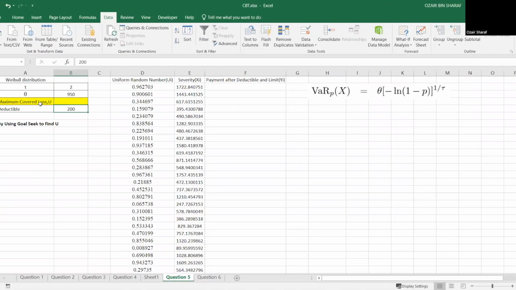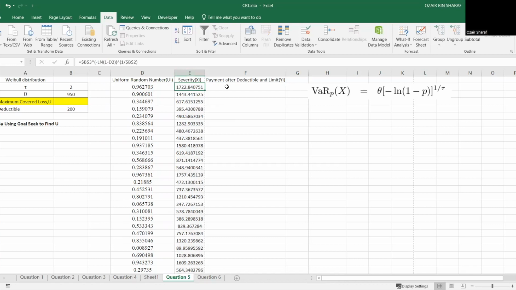We are supposed to find the value of U, which is the maximum covered loss. First of all, we are given the uniform random numbers. We have to find the claim amount or severity by using the value at risk formula of the Weibull distribution.